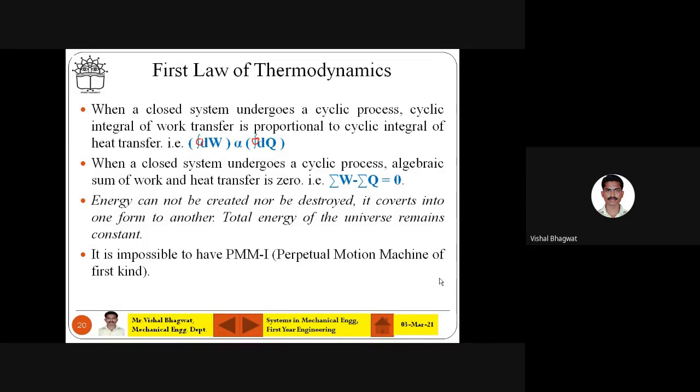And what is PMM1? Basically you will see this figure. The box is actually a machine, and the first law says the cyclic integration of work is proportional to the cyclic integration of dQ.